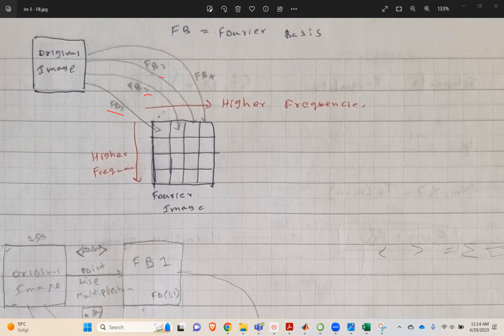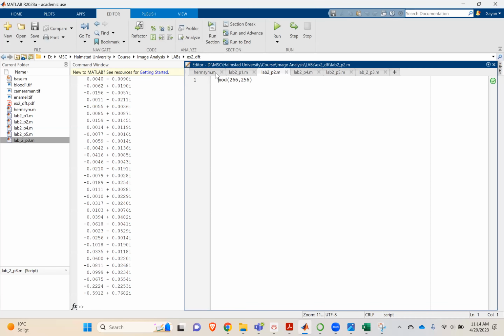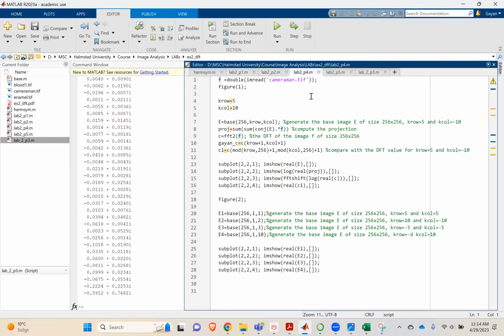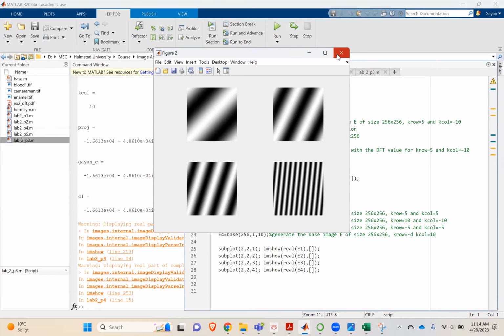Likewise, the frequency will increase from here to here, and from downward also it's increasing, because in this one my 0 and 0 is in here. So we can check it.